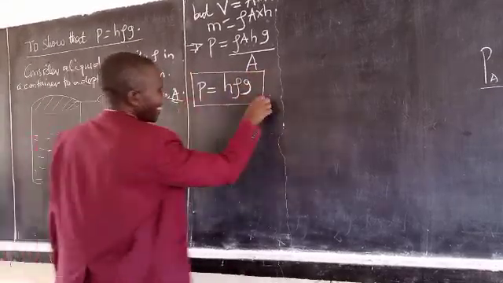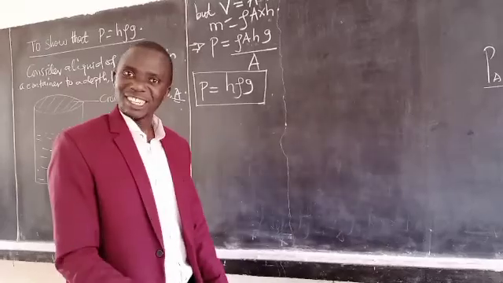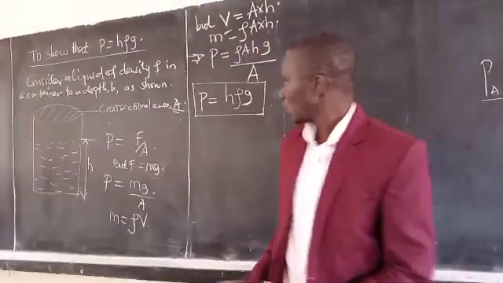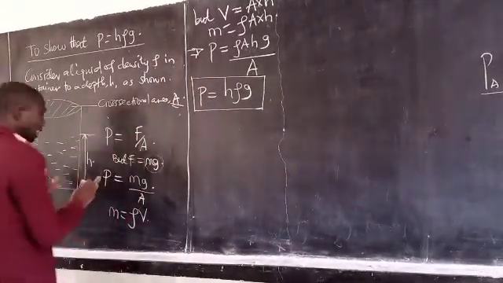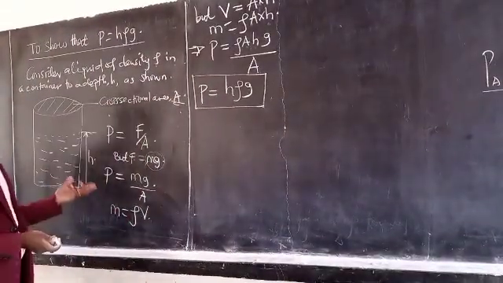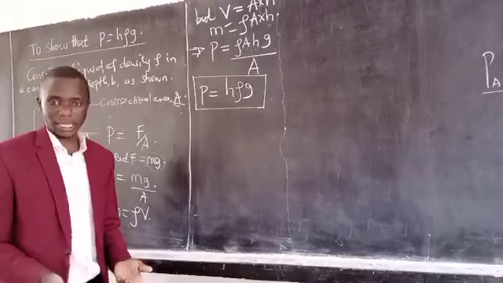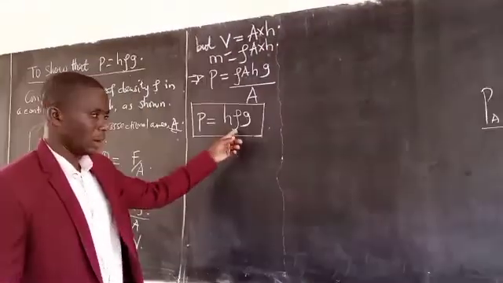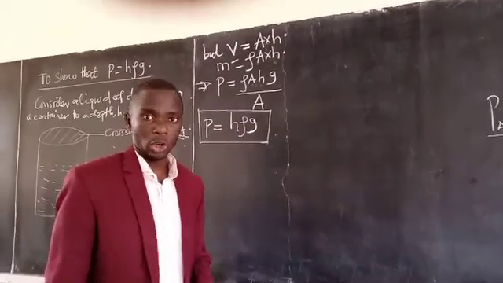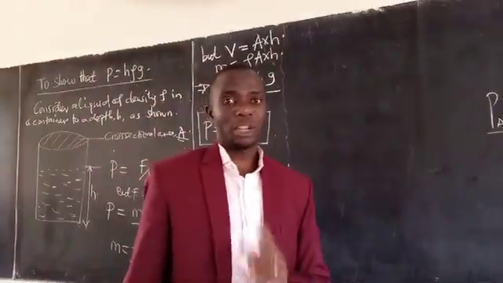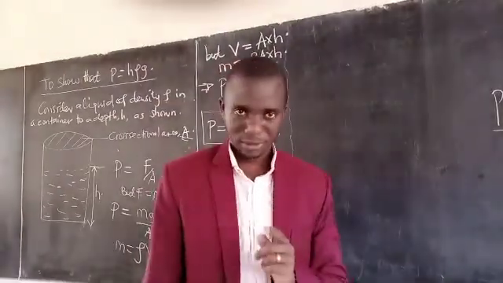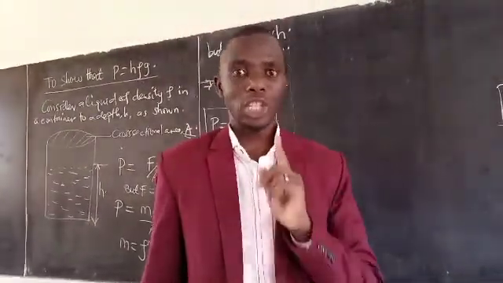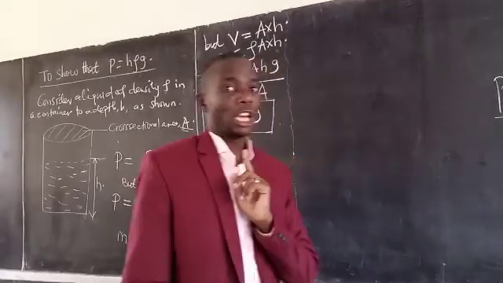This is it. We have got it. It is very wonderful. You can try it when you are alone. You may decide to use this h as something different. Maybe you can call it d, you can call it y, you can call it x. You can use anything. But I am sure by the end of it all, you'll know that pressure equals the depth, the density, and the acceleration due to gravity g when they are multiplied together.